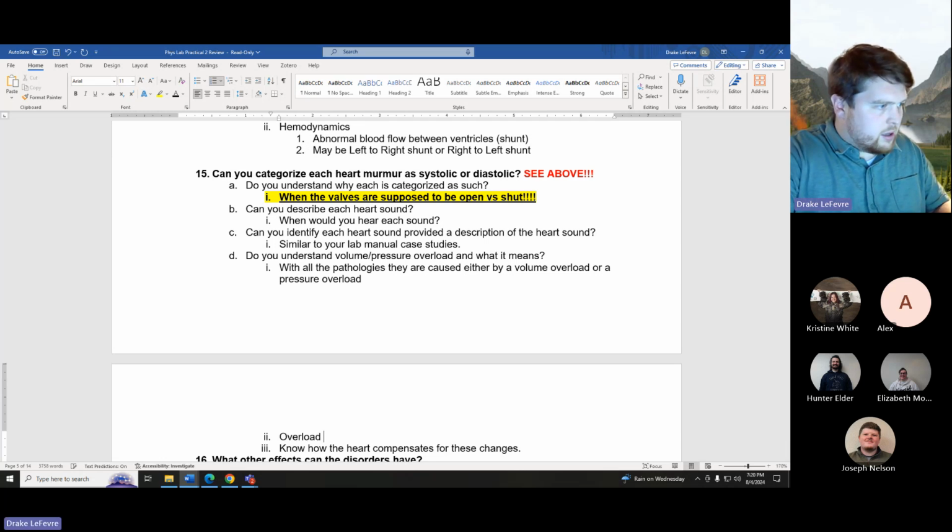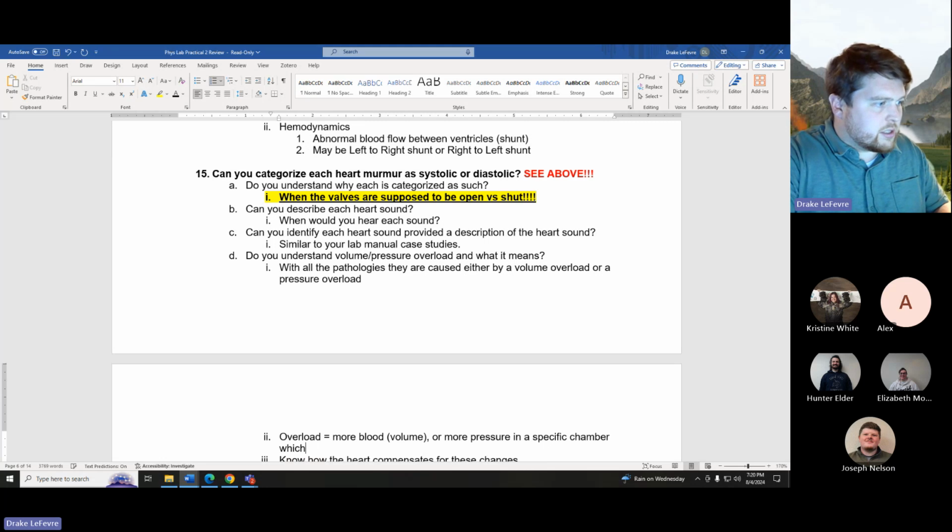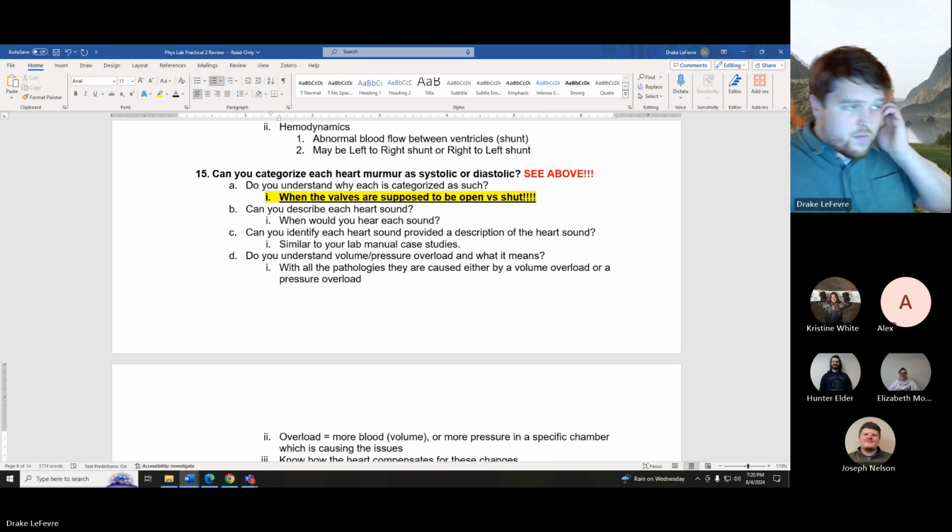Overload equals more blood volume or more pressure in a specific chamber, which is causing the issues.